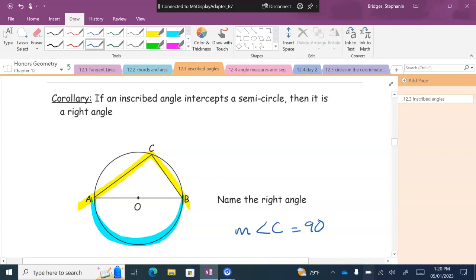Technically, yes. Because segment AB is my diameter, it goes through my circle, that cuts my circle in half. So because angle C touches at the ends of that diameter, then the arc is 180 degrees, so the angle would be half of that, which makes it 90. Okay?